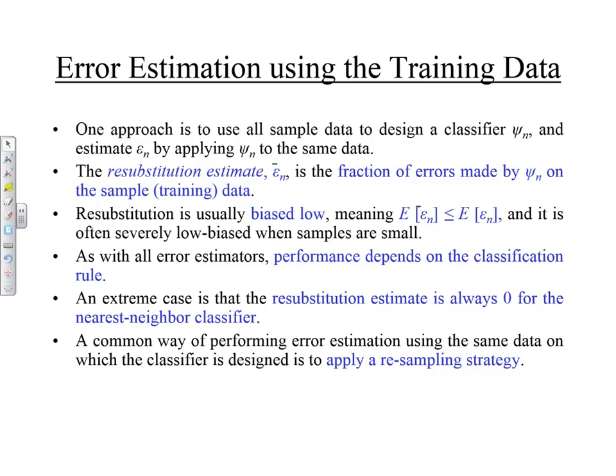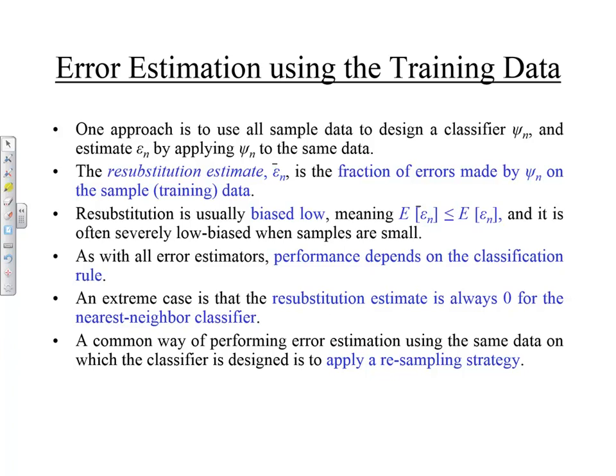You're going to get a lower estimate for the error because the same sample that you use for designing the classifier is the one that you're testing on. So the expected value of this error, epsilon n bar, the resubstitution error, will be less than the expected value of the actual error that you would get for the n samples, and it is often severely low biased when the samples are small.